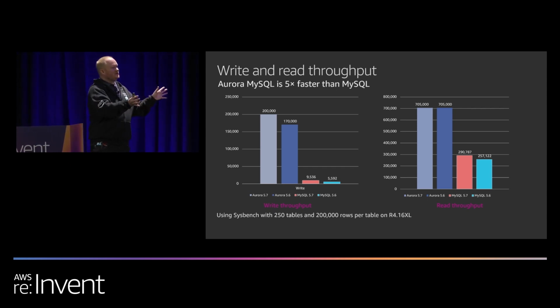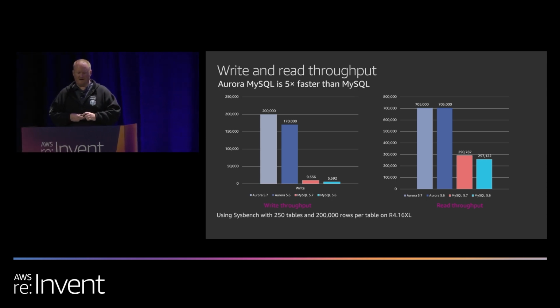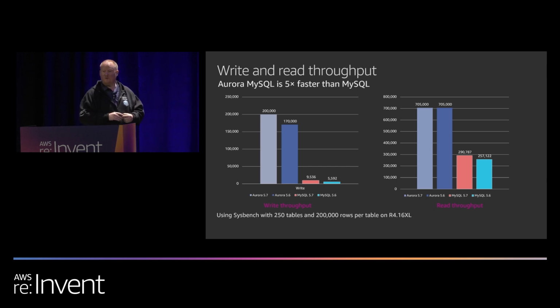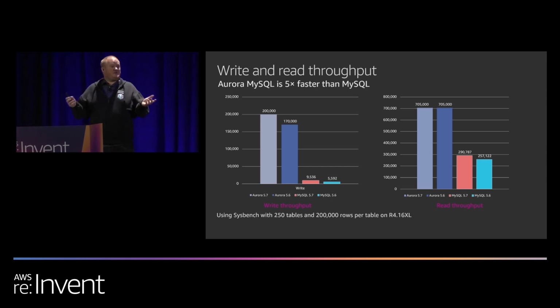If you split this into writes and reads, on the left side you see the graph for writes, where the blue bars are the throughput of Aurora, and the white bars are the throughput of traditional MySQL. You can see it's actually way more than 5 times faster, which makes total sense because the other one is writing about 7 to 8 times more.